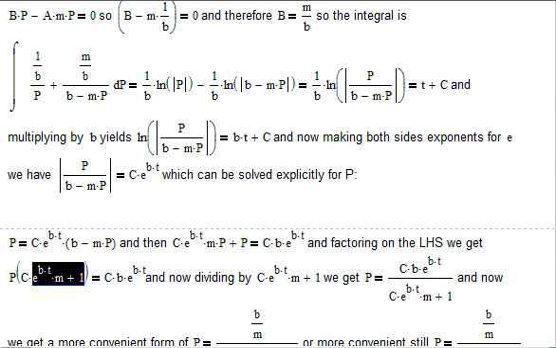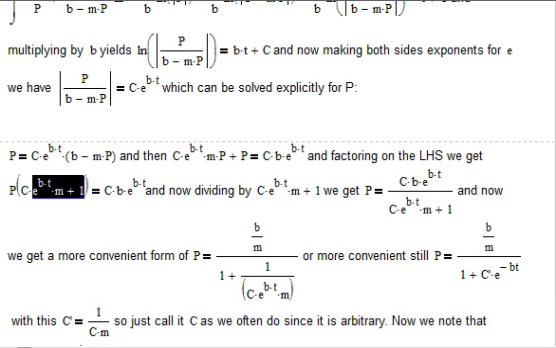And now, simplifying further, we get this more convenient form. Now, how do we get this convenient form? Well, you could probably see it. We're going to divide by e to the bt times c times m. So we get this b over m in the numerator, and this becomes 1.